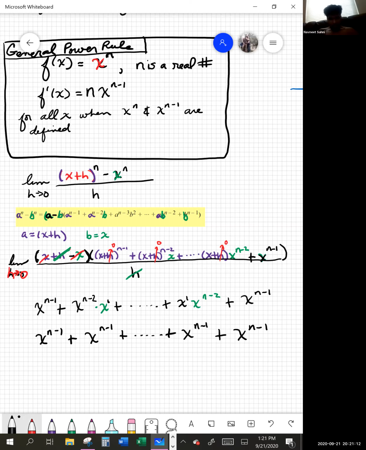Ms. Nasser, in the highlighted equation, it says plus a to the n minus 3 times b squared. Why didn't we include that? We could have put that one in there. I skipped it just because it was getting compact, but it follows in that pattern.